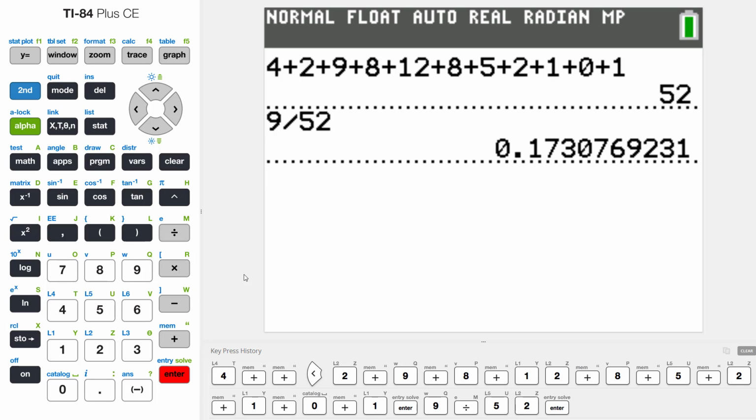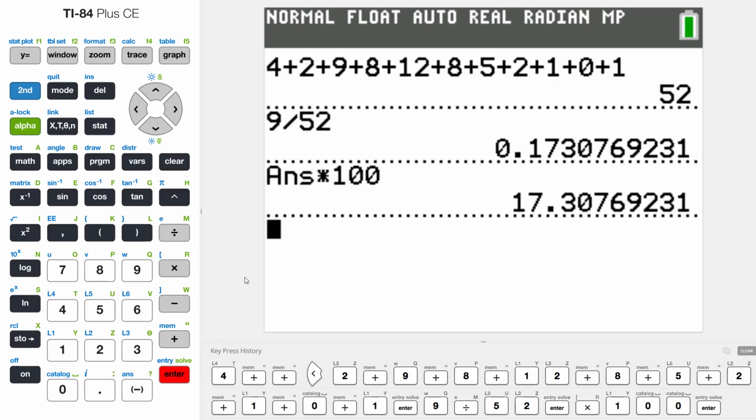As a proportion, 0.173 would probably be sufficient, or 0.1731. As a percentage, you want to multiply by 100, and you end up with what I would probably render as 17.31%.